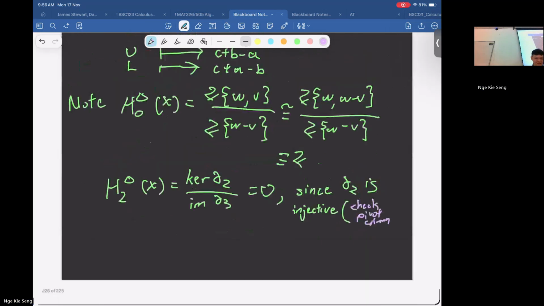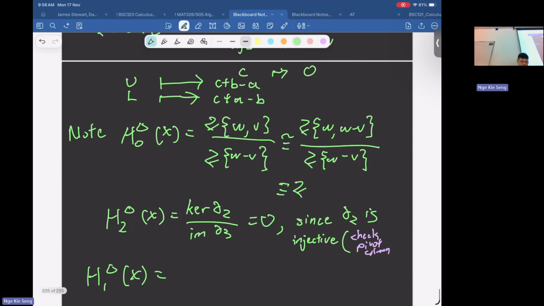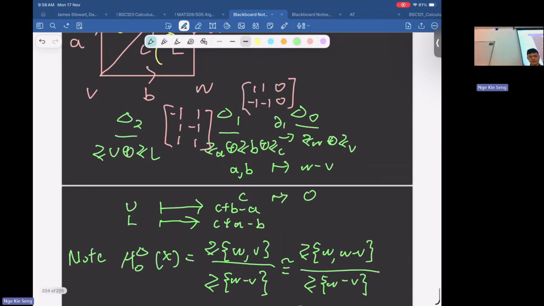Okay. How about H1? H1 is a bit complicated, so that's why we left it to the last. Let's look at H1. So H1 is kernel of delta 1 over image of delta 2. Well, you can go and do your row reduction and stuff like that. But what you can see is that delta 1 has only one pivot, because 2 rows are the same. So you can row reduce the second one to 0.